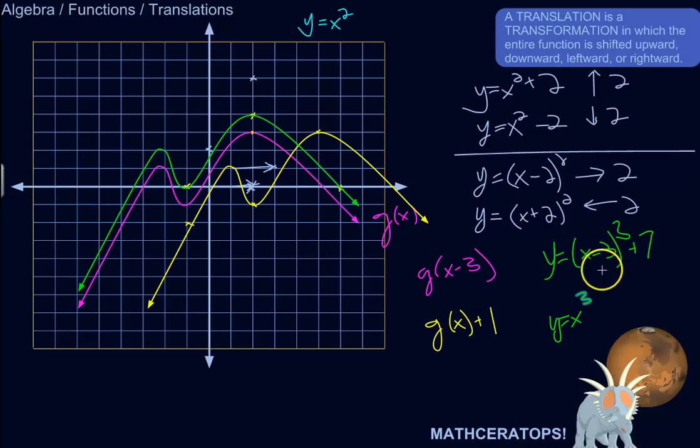So I could graph x cubed. Here, the inside transformation, x minus 3, means that I move this to the right 3 units, and then my vertical says I move the graph up 7 units. So I could graph this first, and then take those points, shift them over by 3, and shift them up by 7.